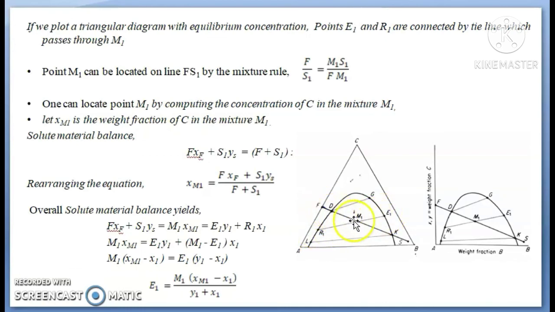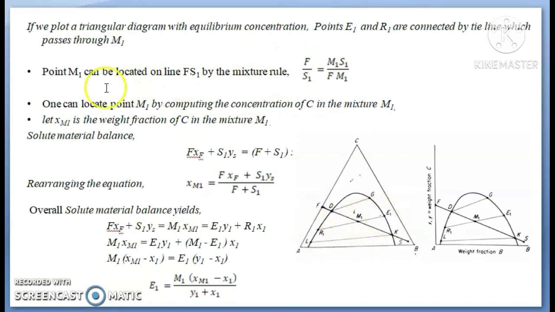The second line starts from the feed point, which consists of only the components A and C, and passes through the solvent S1, because the input is given in terms of the addition of F and S to give rise to R1 and E1. So M1 will lie on the line FS as well as on R1 E1, and E1 R1 is a tie line.